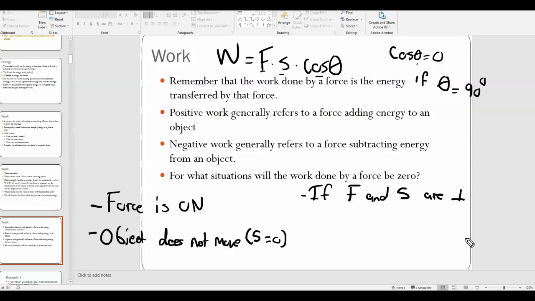Remember, theta is the angle between F and S. And so if the force and displacement are perpendicular to each other, that means that theta would be 90 degrees and cosine of 90 degrees is zero. And so these three situations are the situations in which the work done by a force is zero, meaning that the force is not transferring energy to or from that object.